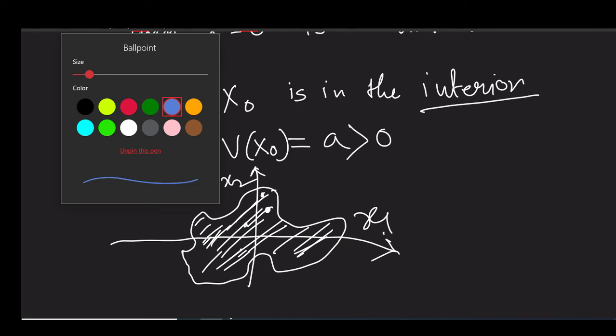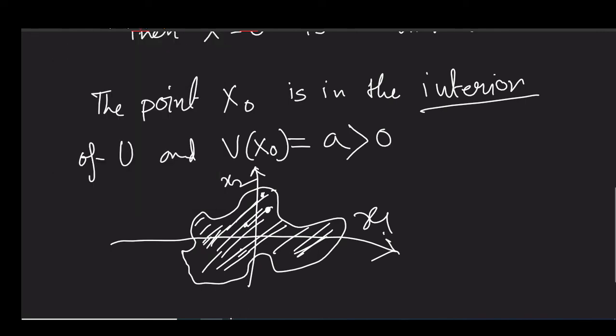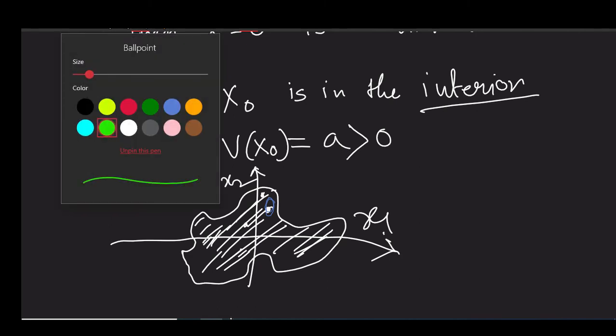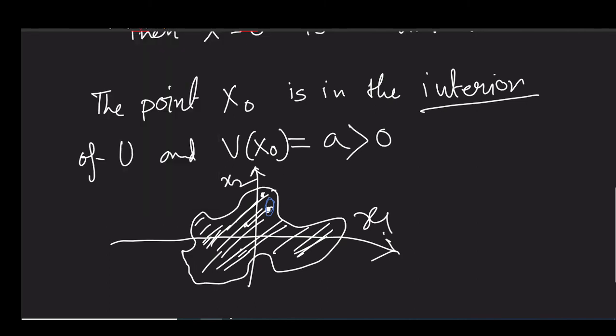It's a very simple thing: even if you take a point that is very close to your boundary, around that point you can always figure out a neighborhood. I think this color is not quite clear. Say you take this point; around it you can figure out a neighborhood with a very small eta.